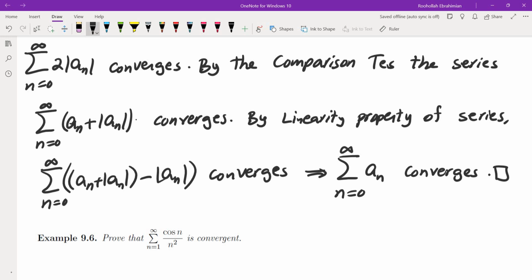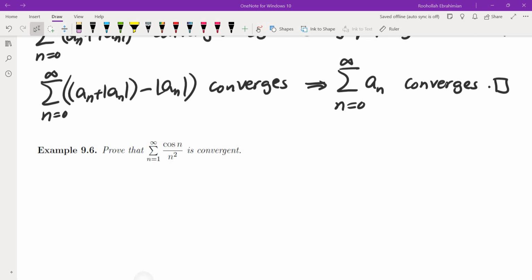Okay. So let's do an example on this. Prove that the sum of cosine of n over n squared is convergent. Okay, so this might seem in the beginning like an alternating series, but the problem is that cosine of n doesn't really behave very well in terms of being positive or negative.